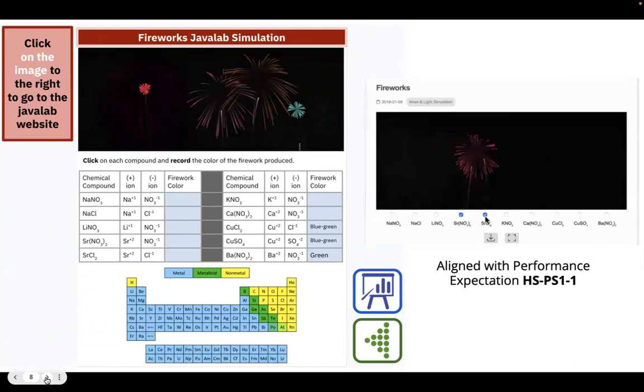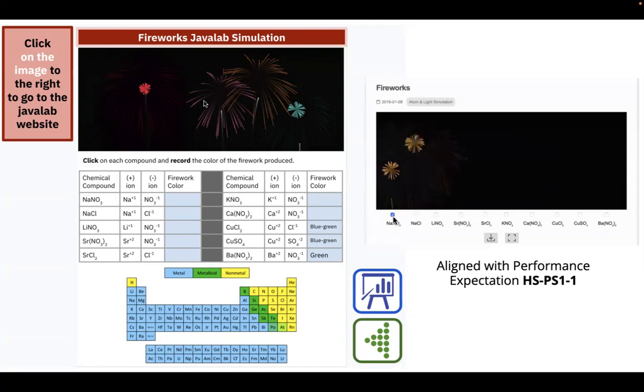There's no forced way of how you need to use a simulation. So you can see the Giphy that I made off to the right. And then you can also see how my students would see it as part of their interactive notebook. So if you look over on the left, there's directions for them to click on the image, and I'd probably have this projected too, but just in case a kid was absent.